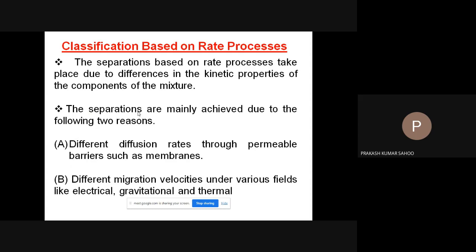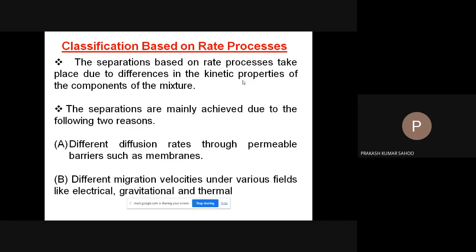Then classification based on rate processes. So how the kinetic property of the components of the mixture is helpful in separating the constituents from a mixture. So it is based on the kinetic properties, that is the rate processes.